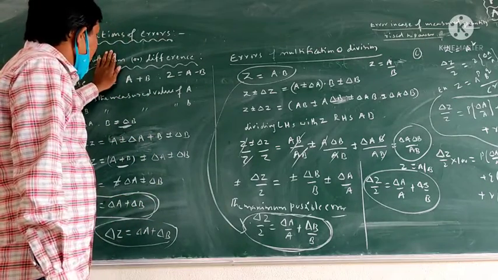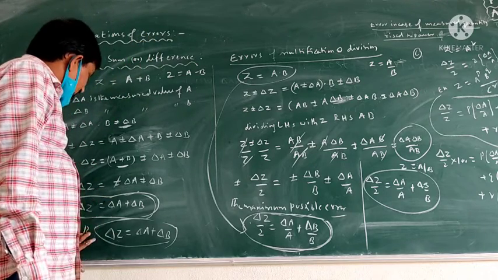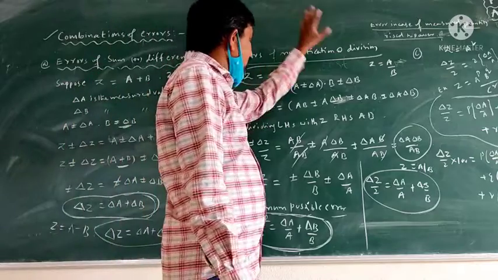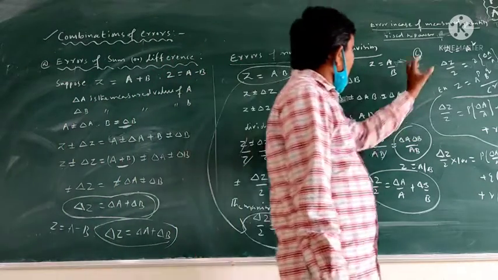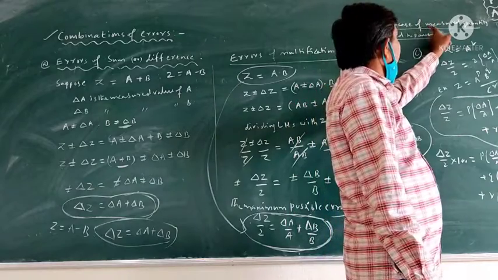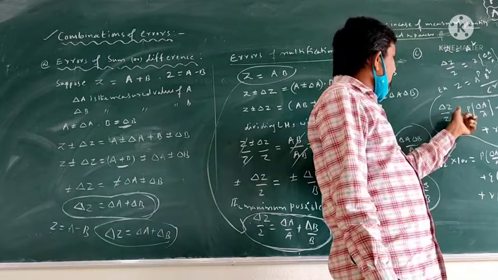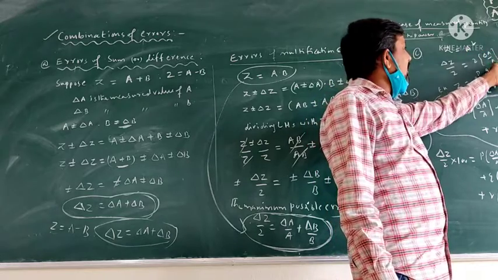In the case of addition and subtraction, the possible error is the same, and in the case of multiplication and division, the possible error is the same. In the case where the error is in a power of a quantity, it may be written as the power into the relative error.